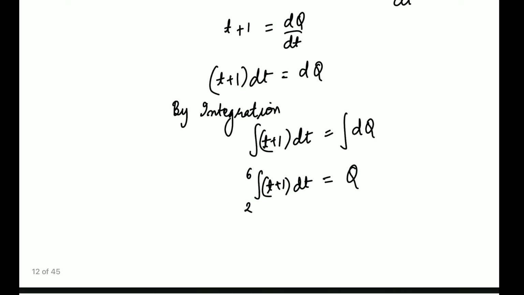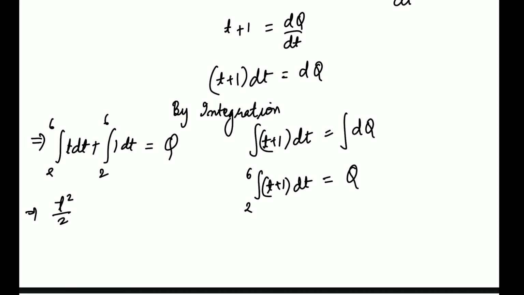Splitting it, the integral of t dt plus the integral of 1 dt. The integral of t dt is t square by 2, and the integral of 1 dt is t, with limits from 2 to 6.